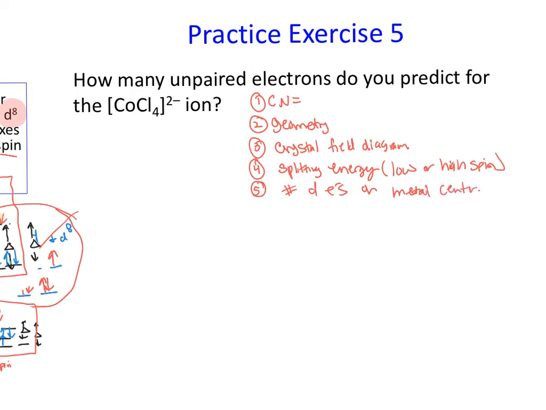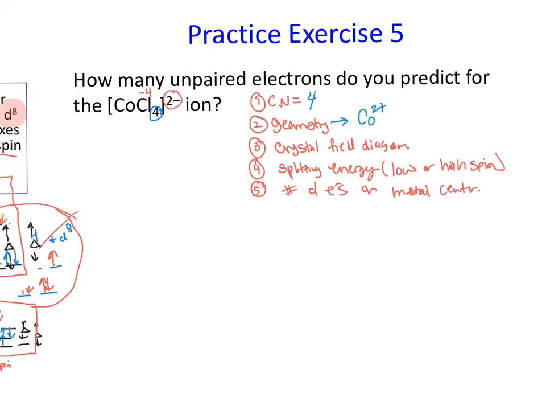Let's look at this together. So I know my coordination number is 4 because I have 4 monodentate chloro ligands. My geometry then can be either tetrahedral or square planar. I need to look at the number of d electrons on my cobalt 2+ ion. The reason this is cobalt 2+, each chloro is -1, that's overall -4 for all 4 chloros.